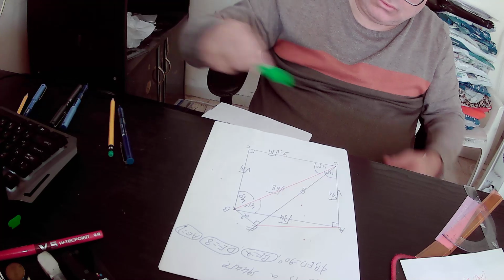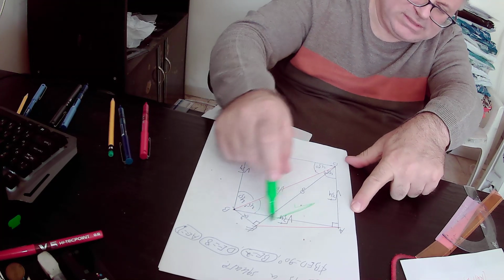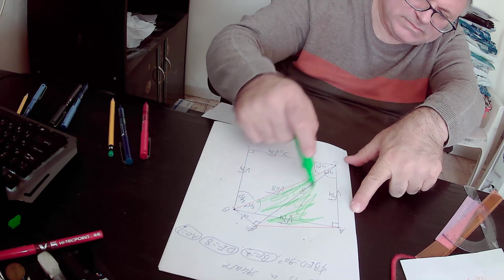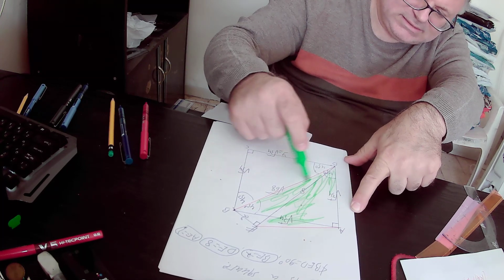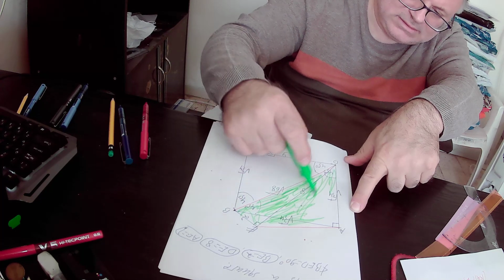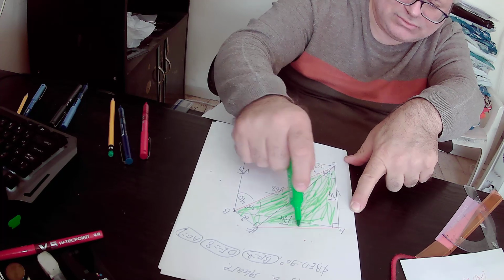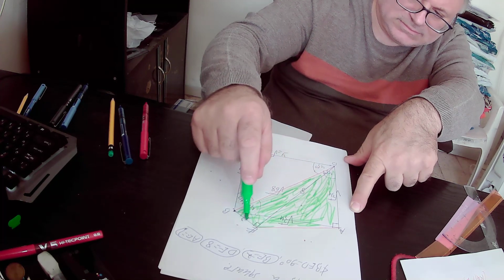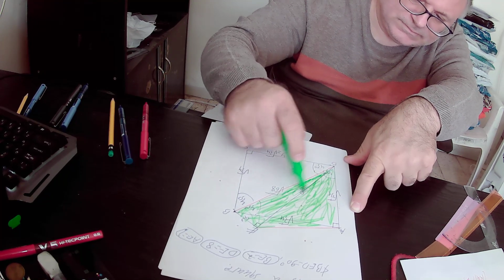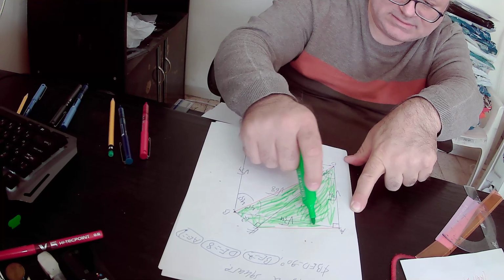So according to rule number 2, the quadrilateral AEBD in the green color is inscribed by a circle, and the 4 points A, E, B, and D lie on that circle. So the green quadrilateral is inscribed by a circle.